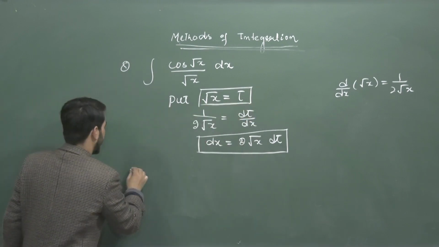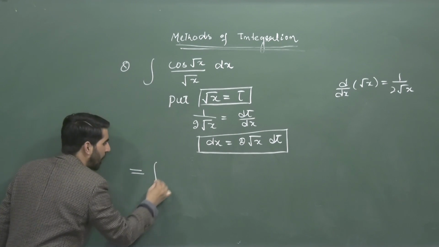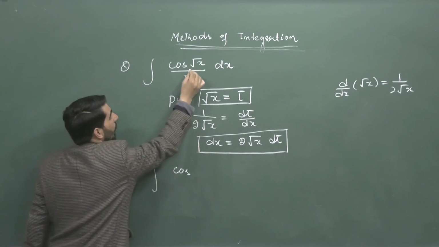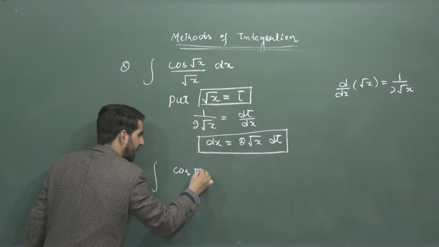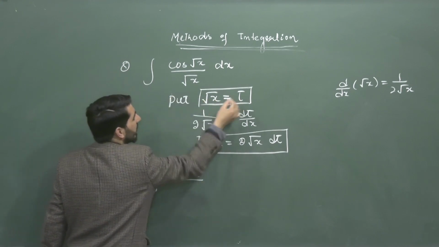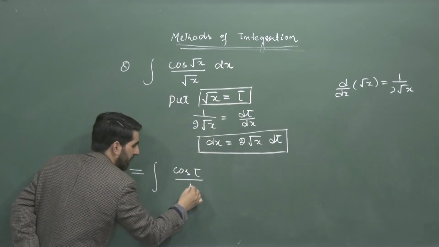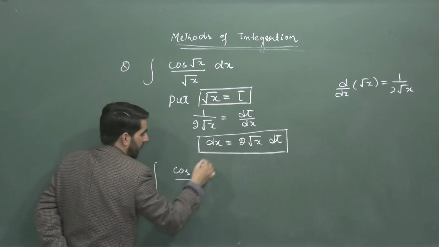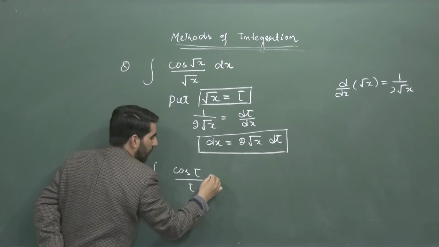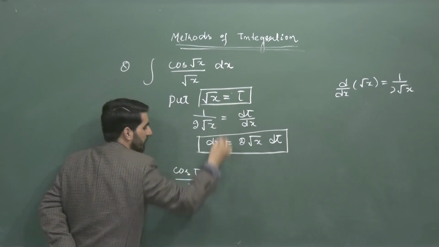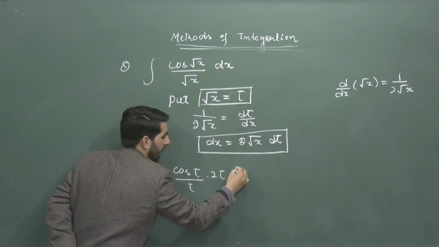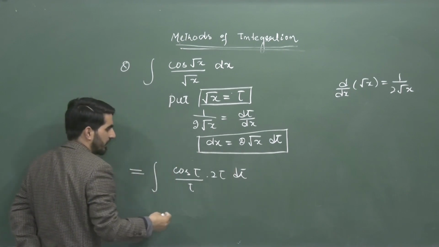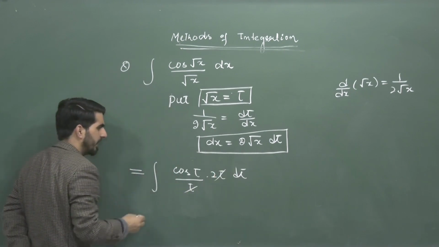What will we get? We get integration of cos of root x, which is t, so we write t, divided by root x, which is t, so we write t. Here dx is equal to 2 root of x, that is 2t, dt. So here t and t will be cancelled.